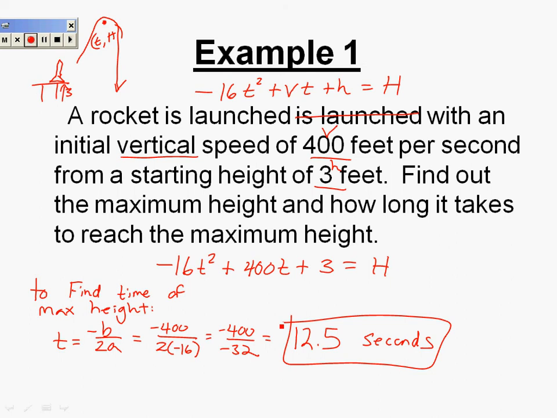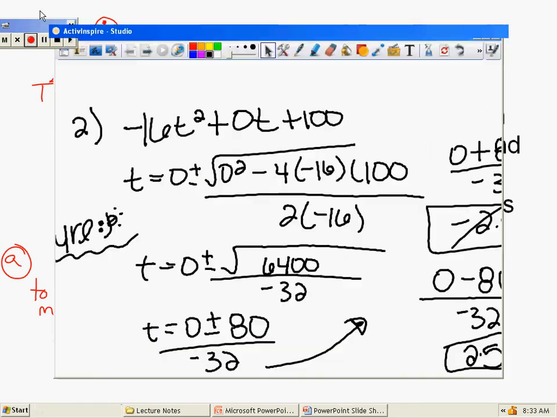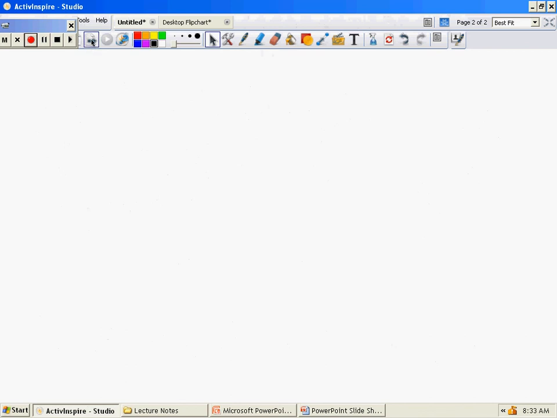All right, moving on to the next part of the question, because this is only the first part. This is finding the time. So our formula was negative 16t squared plus 400t plus 3 equals h.